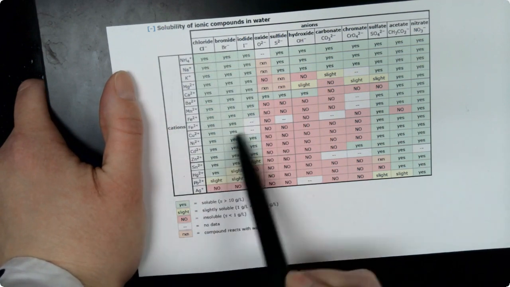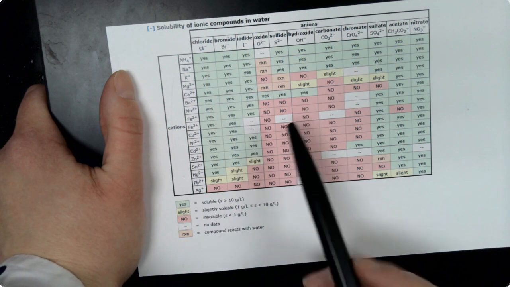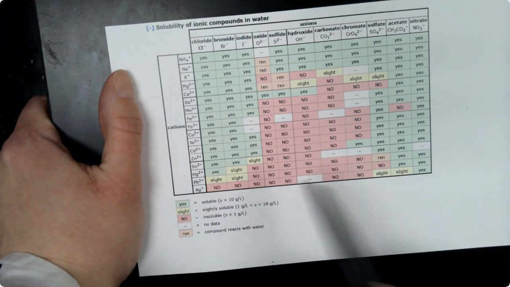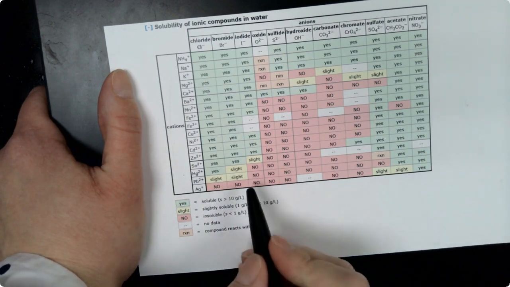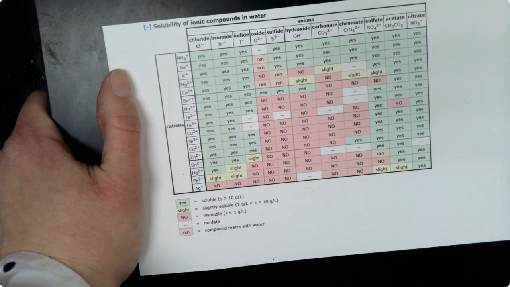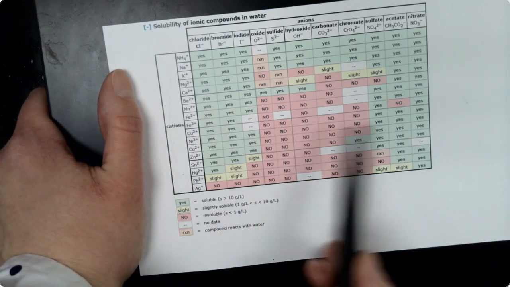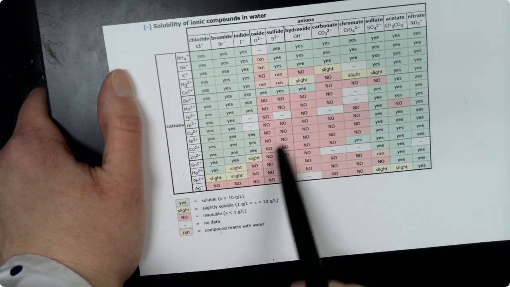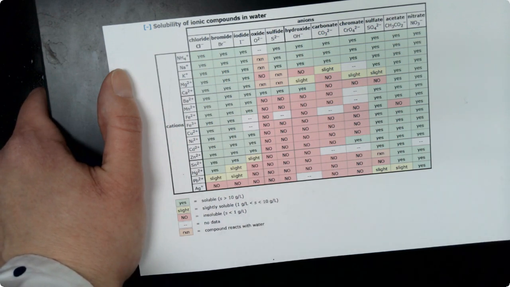So green means it's soluble. What does that mean? It dissolves. It dissolves, good. And red or yellow means that you're going to get a solid. It's going to be cloudy. So this question that we're going to do is asking us, is something going to be solid? So we're looking for no or slight. If it's no or slight on this table, then we're going to click yes, because it's a precipitate.